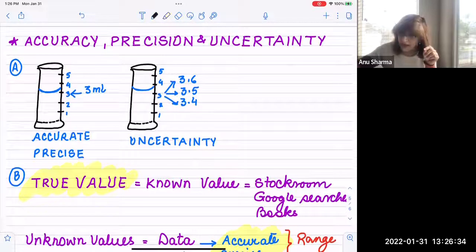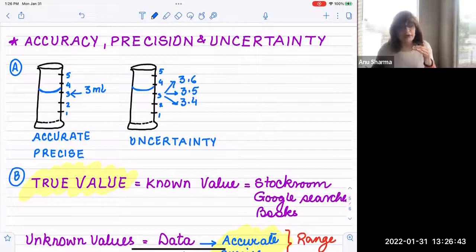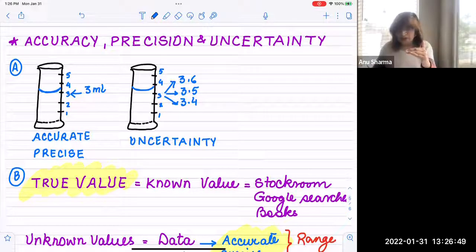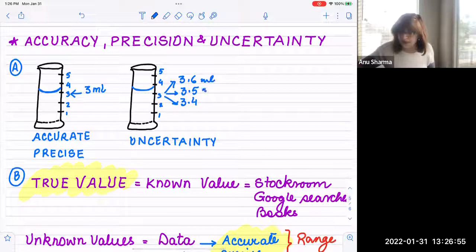And so here you have a scenario where the water level is a little bit above 3, but then it's not exact, because there are no proper markings in this container. So we don't know. We are just guessing. It could be 3.6 ml, it could be 3.5 ml, or it could be 3.4 ml. Okay, so now we are uncertain.